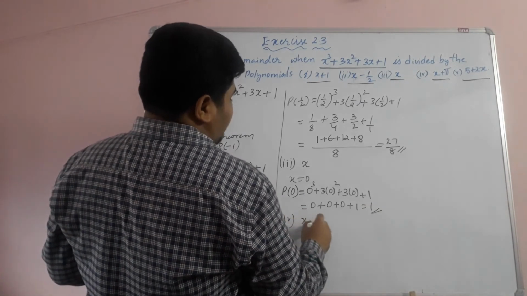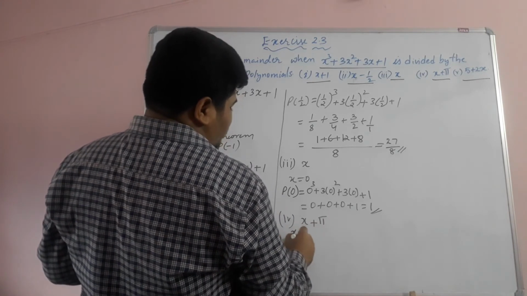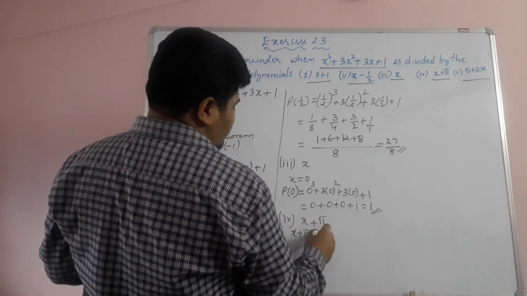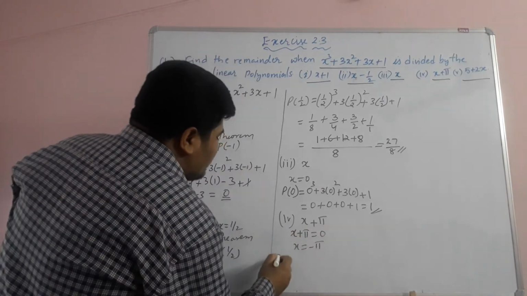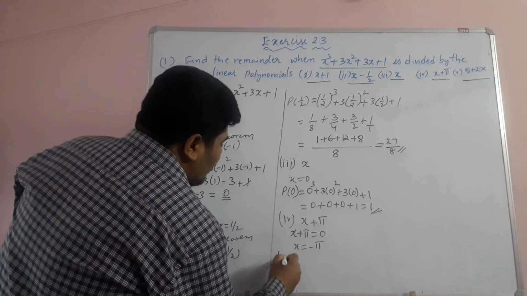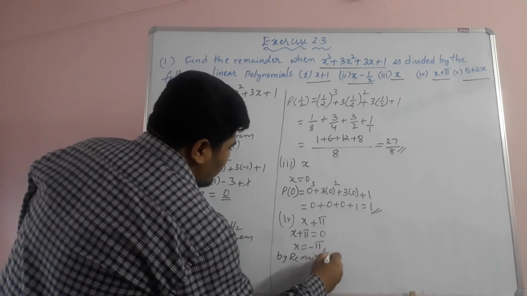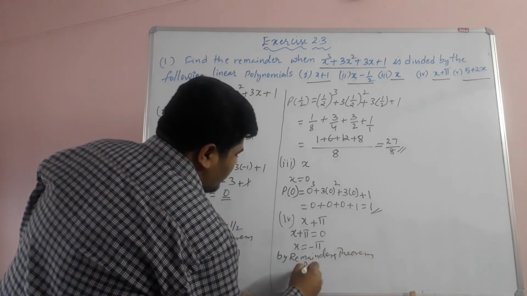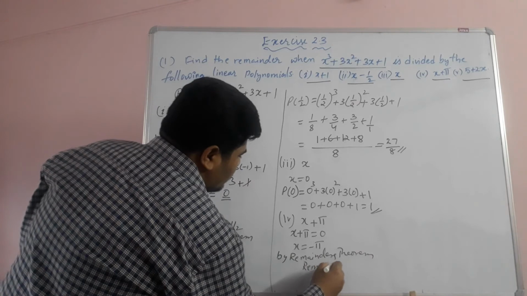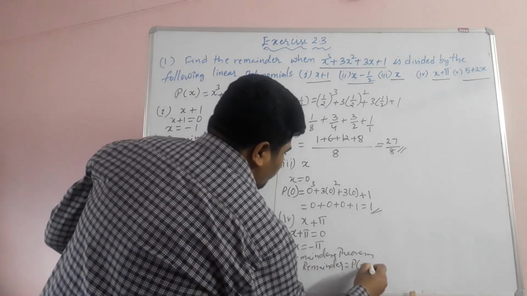Now children, let's see the fourth one. So x plus pi is given. By the remainder theorem, first we need to equate it to 0. So x is equal to minus pi. So what is the remainder, children? By the remainder theorem, the remainder is equal to p of negative pi.